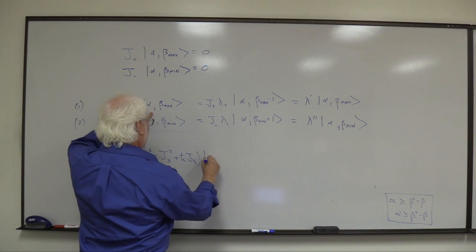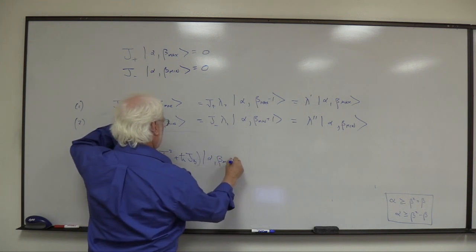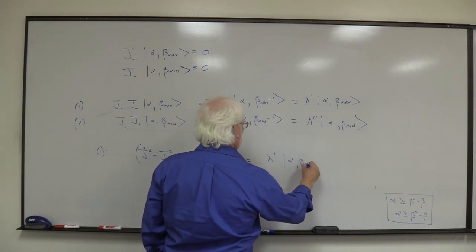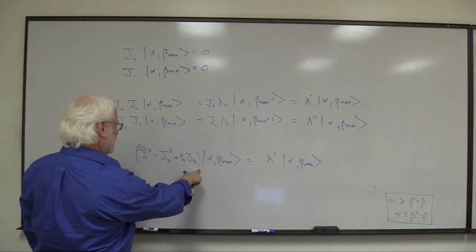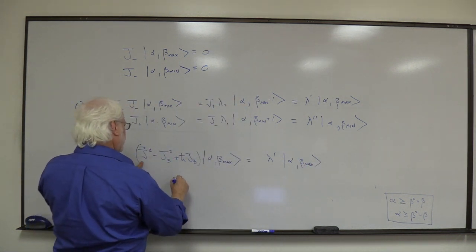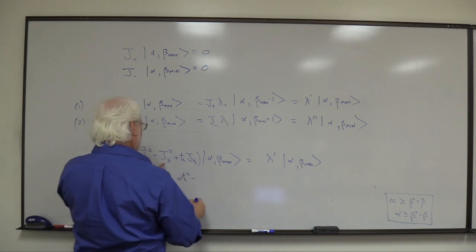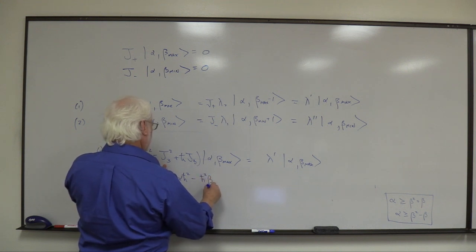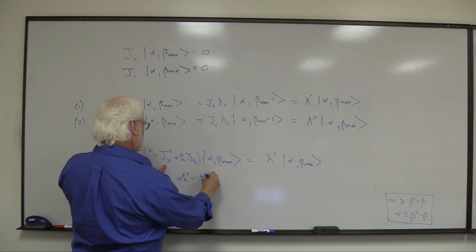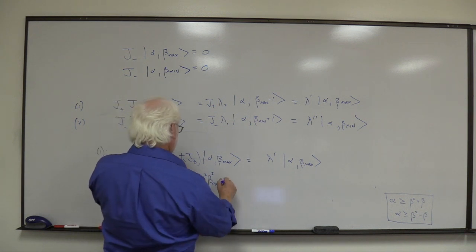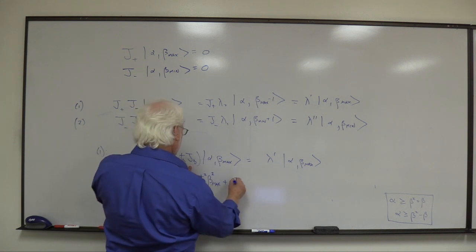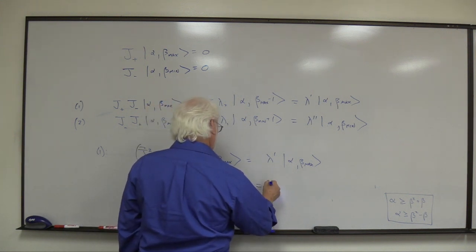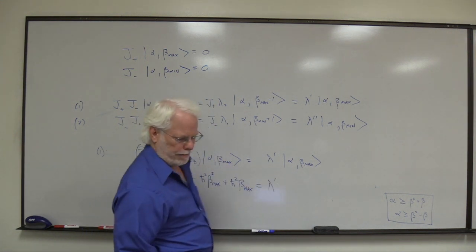And that acting on alpha beta max is lambda prime alpha beta max. But we know what this is, because J squared is going to pull out an alpha H bar squared, and J3 is going to pull out copies of beta max times H bar, and then we get another H bar times beta max. So that must be lambda prime.